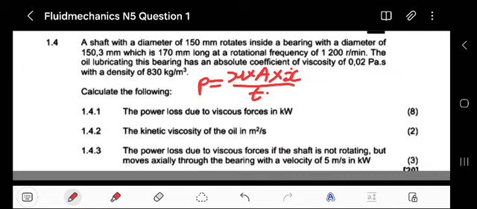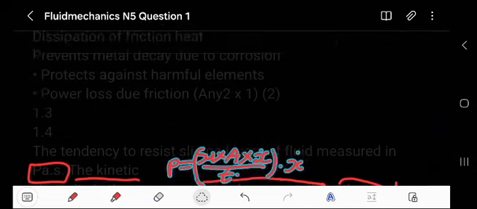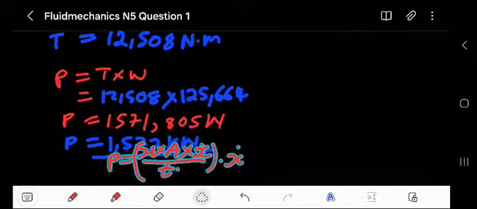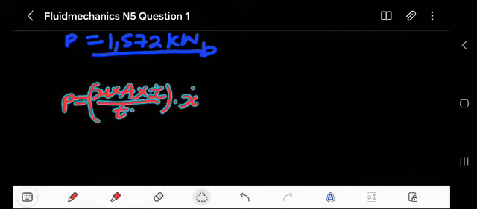Remember, this is simply the force. Multiply also by what? By velocity. We no longer need the torque. They say let us take it as linear.